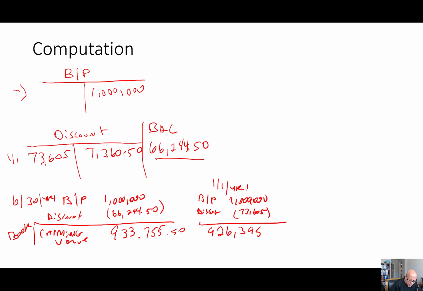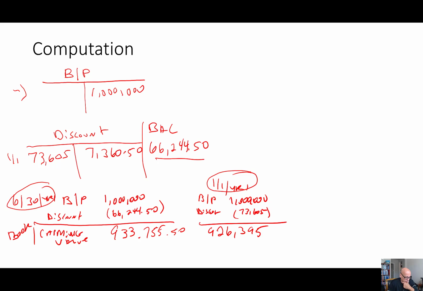Right? So I ask you, did the carrying value go up or down between January and June, as I amortized the discount? The carrying value came up. And of course it came up because I subtract the discount from the face. If I made the discount less as I amortized it, the carrying value of the bond came up, okay?